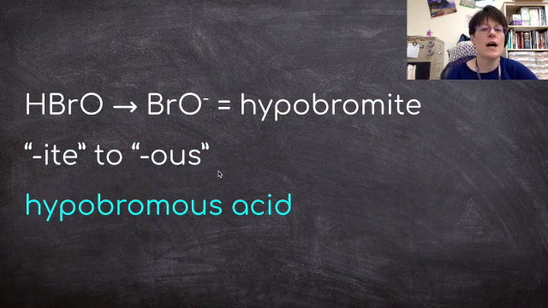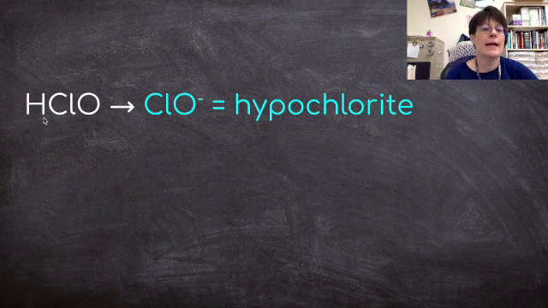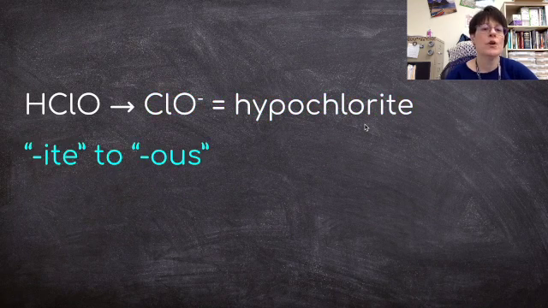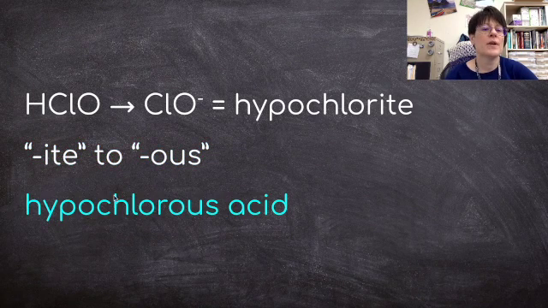So we have hypobromous acid. HClO, ClO negative is the anion, that's hypochlorite. So ite changes to ous. So we have hypochlorous acid.